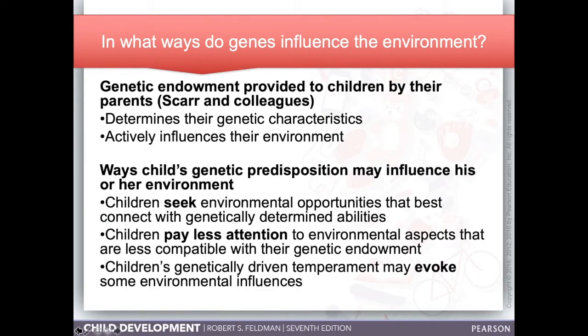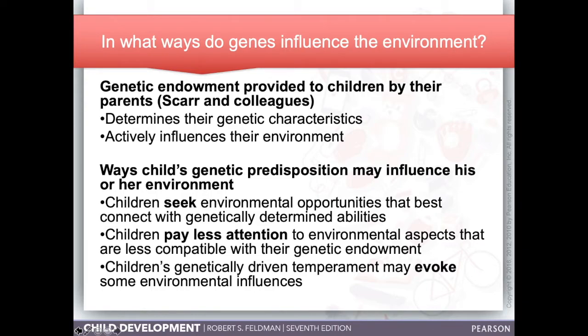The genetic endowment provided to children by their parents determines their genetic characteristics and actively influences their environment. Ways a child's genetic predisposition may influence his or her environment: children seek environmental opportunities that best connect with genetically determined abilities. Children pay less attention to environmental aspects that are less compatible with their genetic endowment.